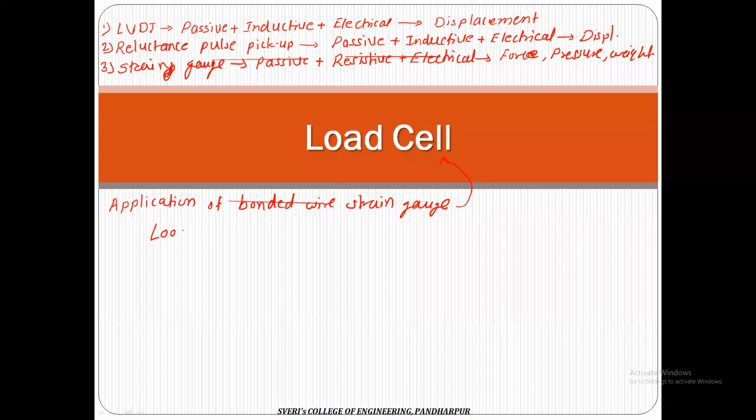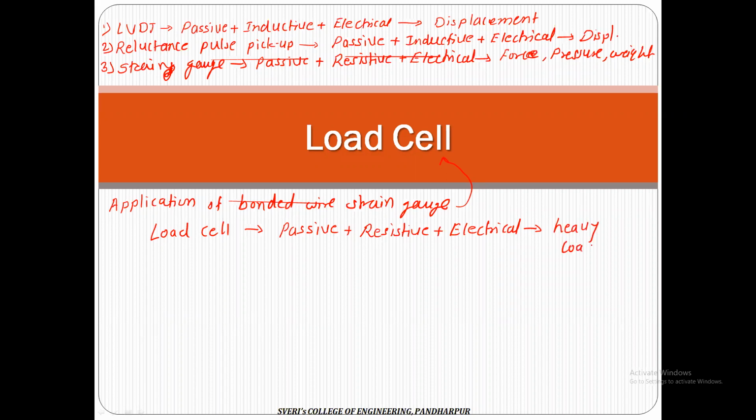That's why I can also write that the load cell is also a passive, resistive, electrical transducer. And the main application of the load cell is that it is used for extremely heavy load. That is, if we want to measure an extremely heavy load, then at that time the bonded or unbonded strain gauges are not sufficient.